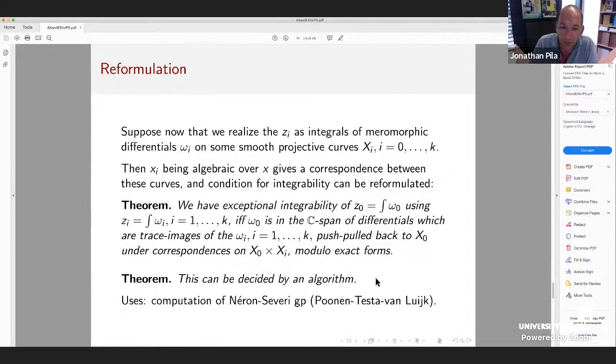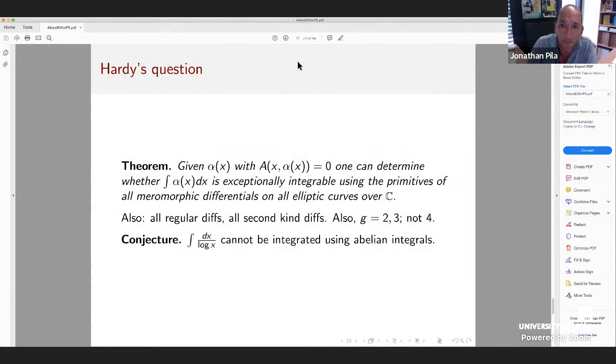You have to somehow compute the Néron-Severi group, which you can do in the case of curves, or if you like, decompose all the Jacobians and find representatives for all these pullbacks. We can also answer Hardy's question in the sense that given an algebraic function alpha of x, you can decide whether you can integrate it using the primitives of all meromorphic differentials on all elliptic curves.